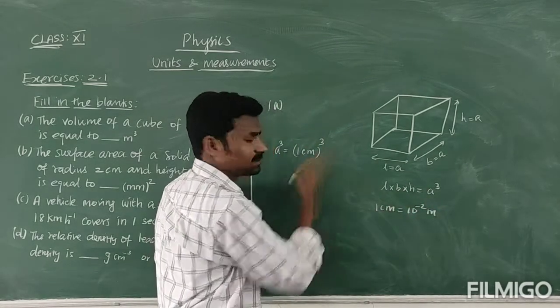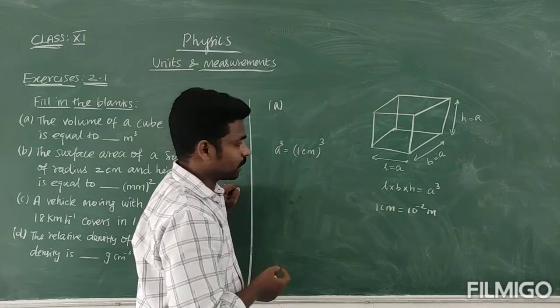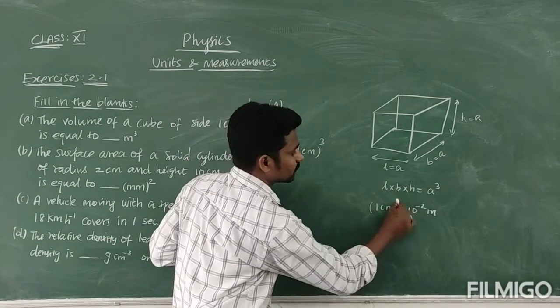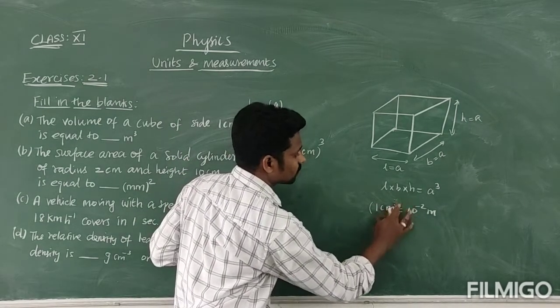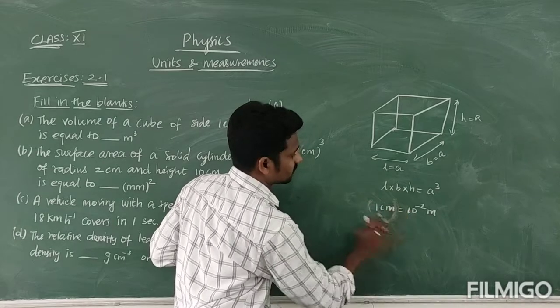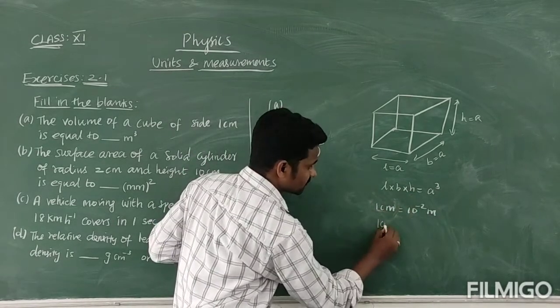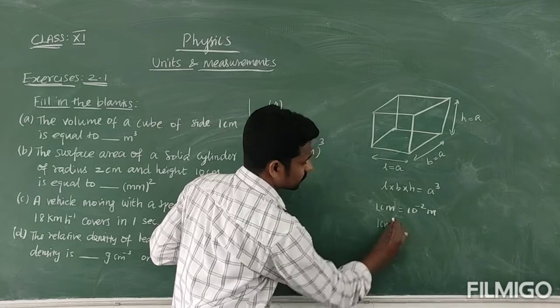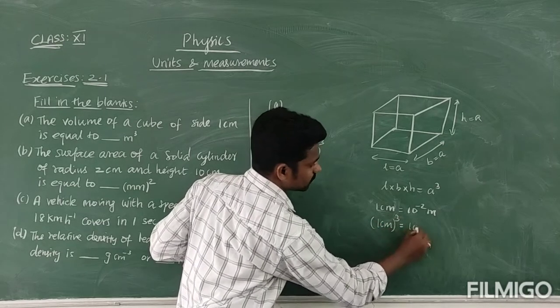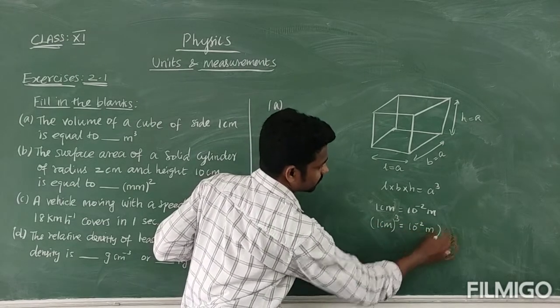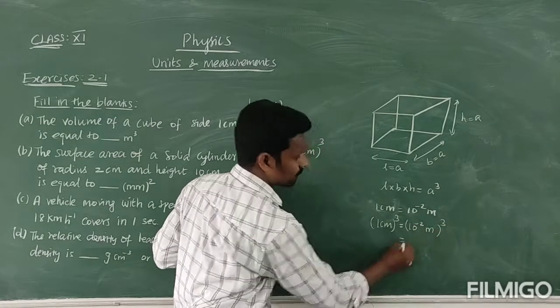But I need centimeter cube, so let's take the cube on both sides. We can write 1 centimeter is equal to 10 power minus 2 meter, so 1 centimeter cube is equal to 10 power minus 2 meter whole cube. You remember the formula from lower standard: a power m whole power n is a power m into n.